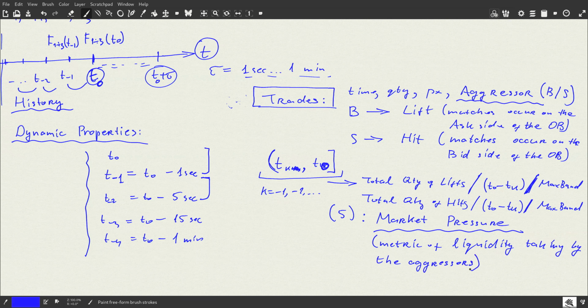But there is also a certain metric of liquidity replenishment. Replenishment means that market makers or quoters replenish liquidity, they put extra liquidity into the order book, all right? How would we do it? By putting passive orders. Yes, they do it by placing passive orders.